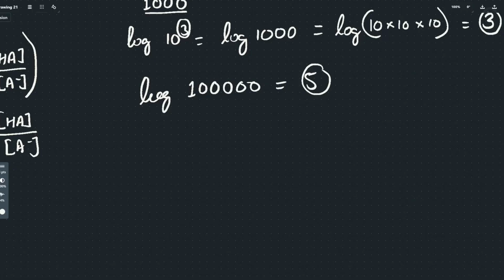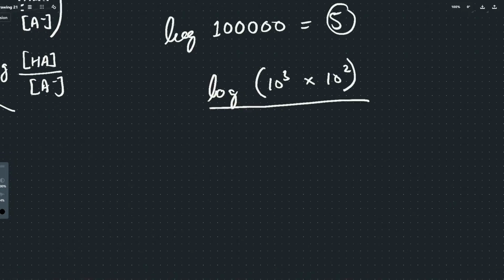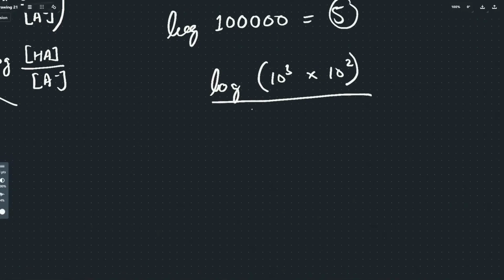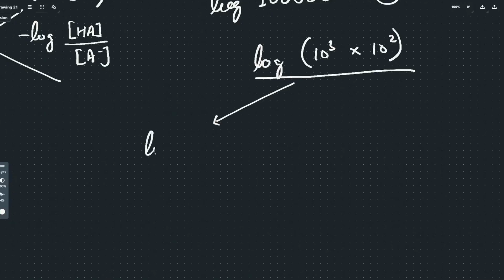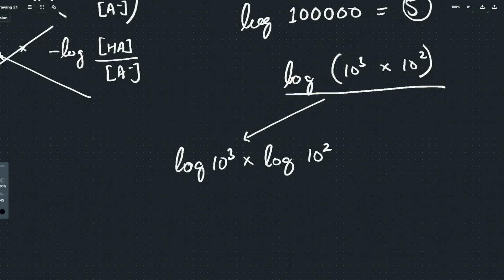Now let's suppose I have a value like this: 10 raised to power 3 multiplied by 10 raised to power 2, in brackets, and we want to take a log of this whole value. Now we can do two things. Let's write first the wrong way. We write it like this: log of 10 raised to power 3 multiplied by log of 10 raised to power 2, the way I did it here.